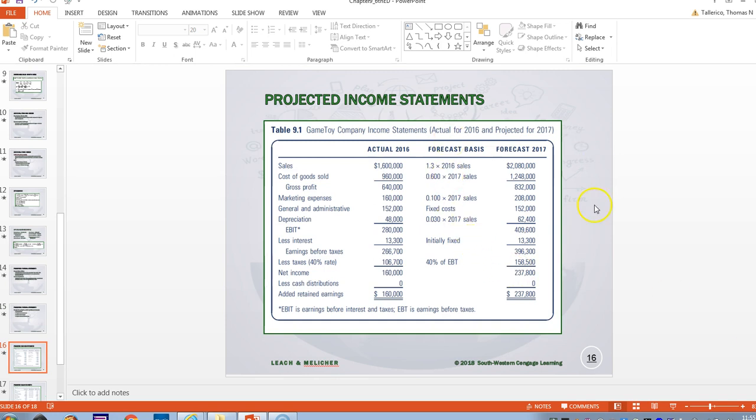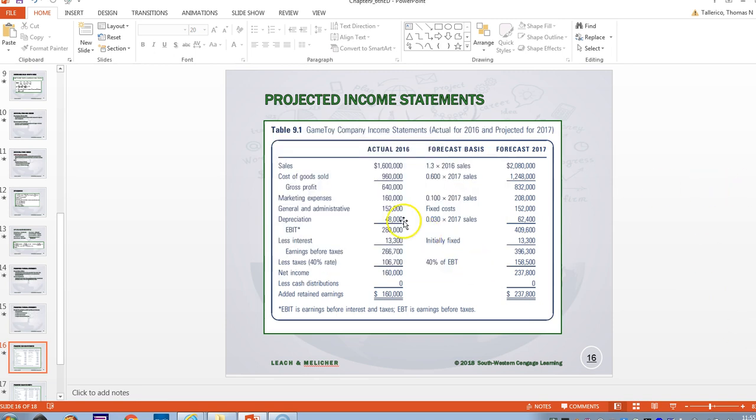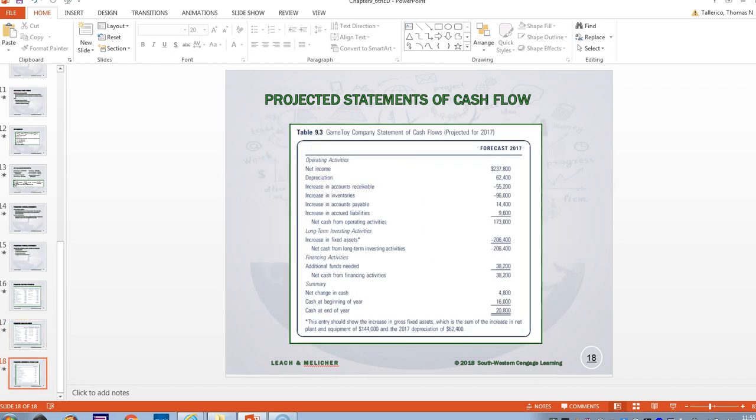Please just go over these; you won't have to know too much on that. Basically, they're just showing you the actual, and here is the forecasted. Everybody remember that? And here's the balance sheet, and here's the projected statement of cash flows.